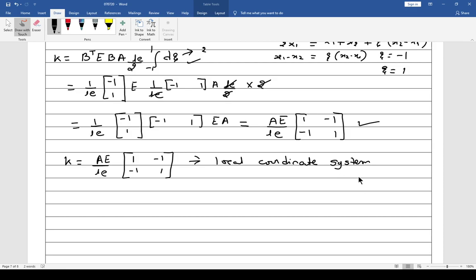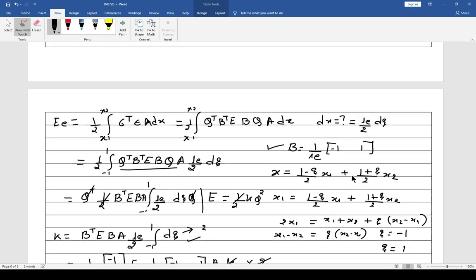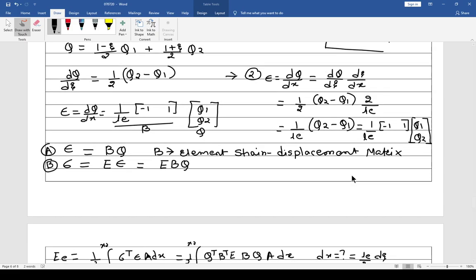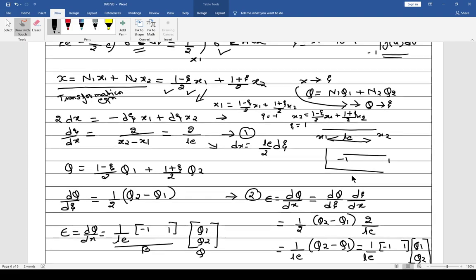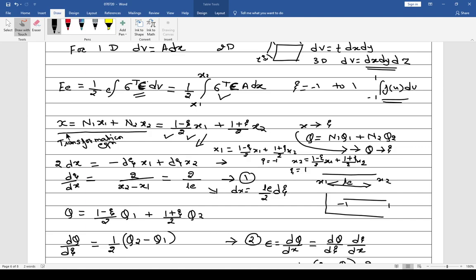So from now onwards, we'll not be using a global coordinate system; we'll always be converting a global coordinate into a local coordinate with the help of some transformation. So again I repeat, the procedure we are going to follow throughout our FEM. First, find the transformation equation. Depending upon the order of the polynomial, here a 2 noded element, we have n1 x1 plus n2 x2.